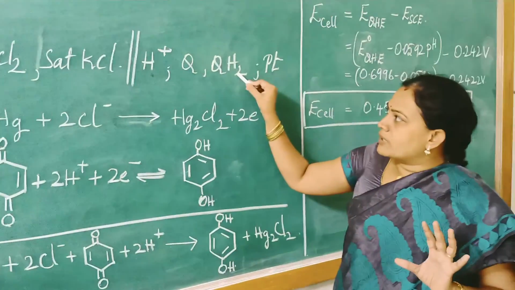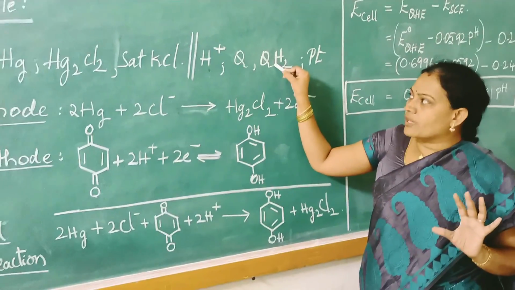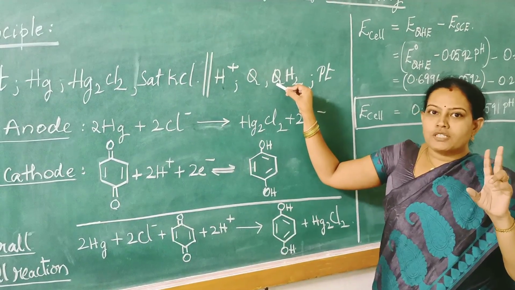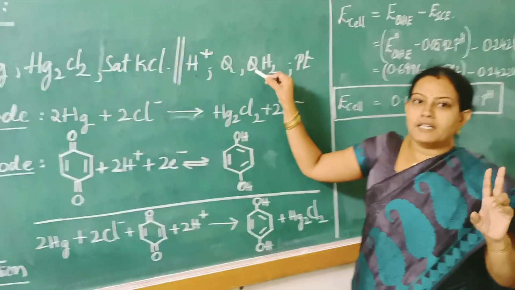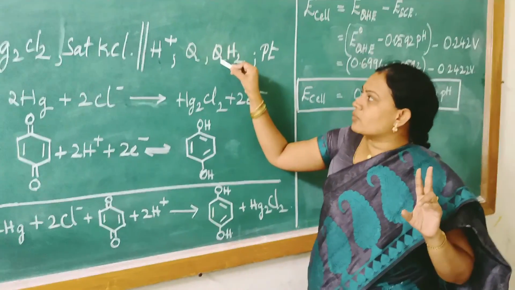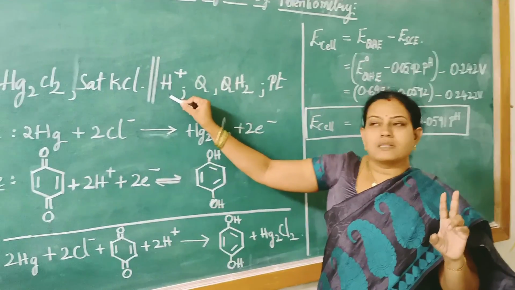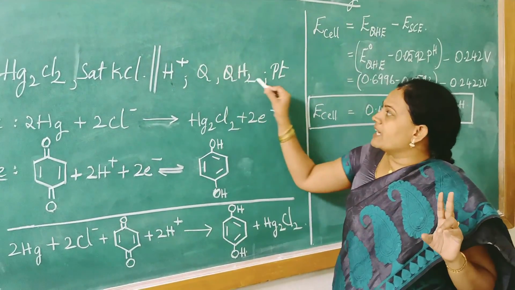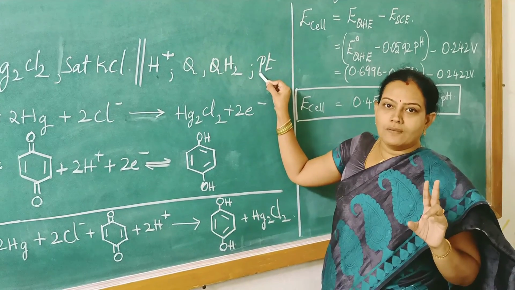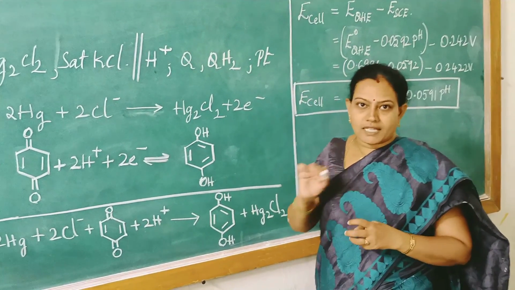This quinone and quinol in 1:1 proportion is commonly called quinhydrone. When added to the HCl solution and placed along with the platinum electrode, it forms the quinhydrone electrode.